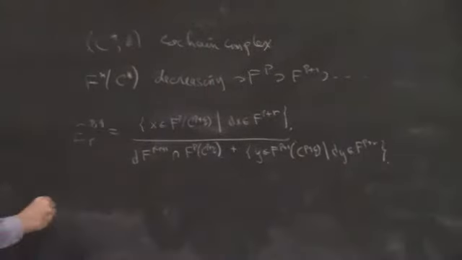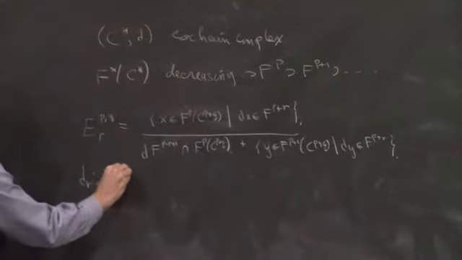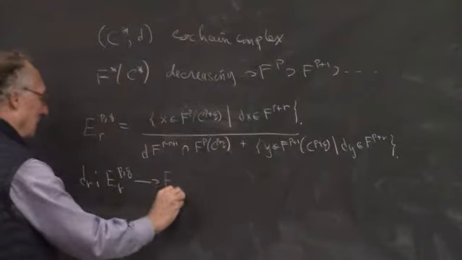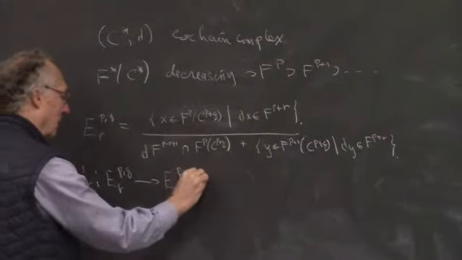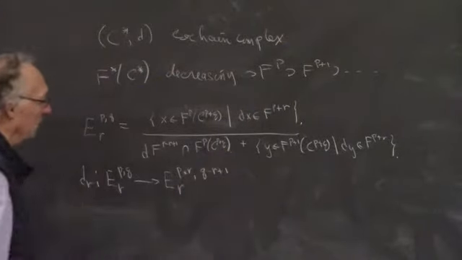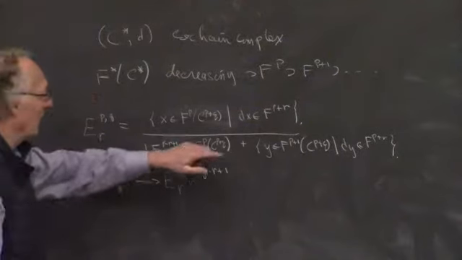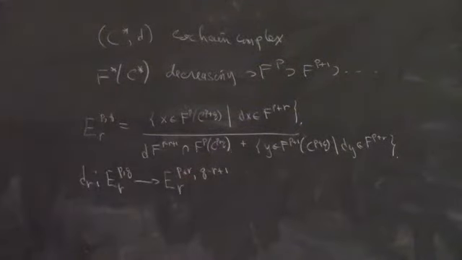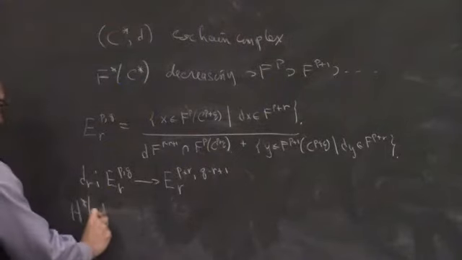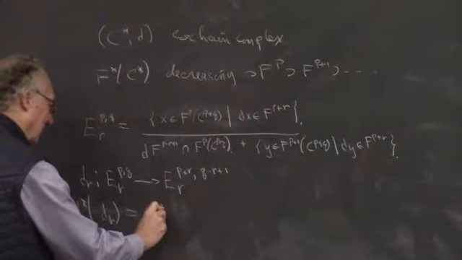We have a map induced by d, which is called d_r, goes from E_r^{p,q} to E_r^{p+r,q-r+1}. So it has total degree 1, and it raises filtration degree by r, which is what you see here. And the cohomology of this complex and differential is the next term in the spectral sequence.